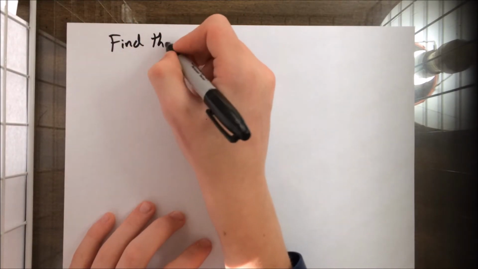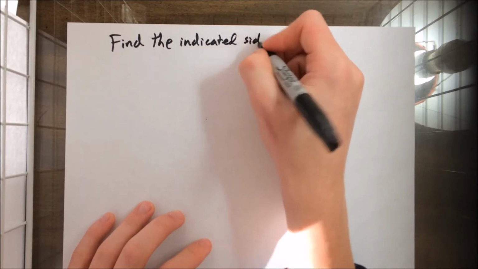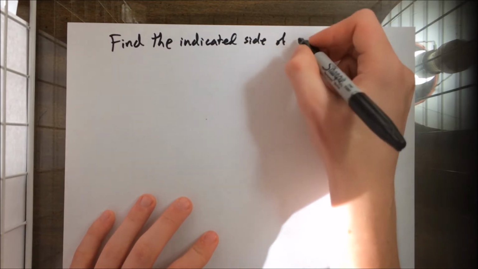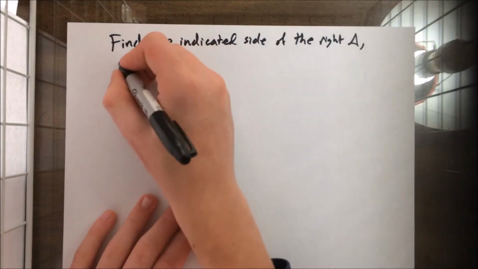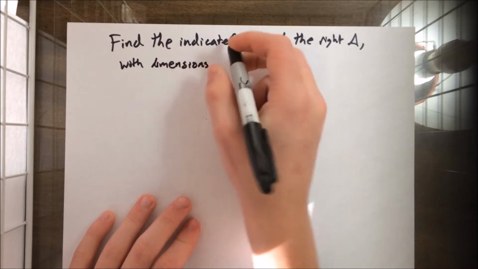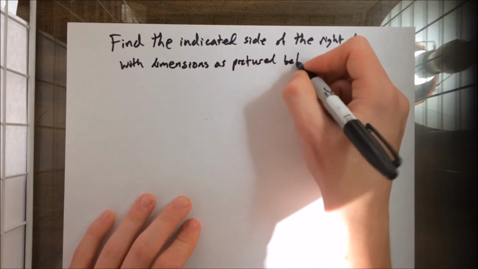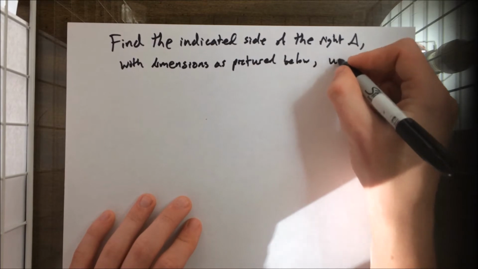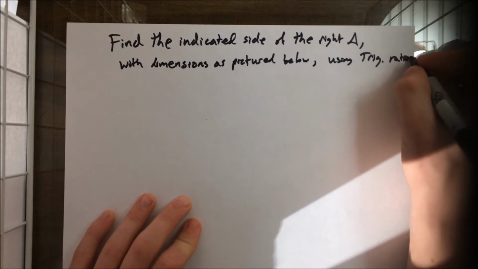Okay, in this example, we're going to find the indicated side of the right triangle with dimensions as pictured below using trig ratios.